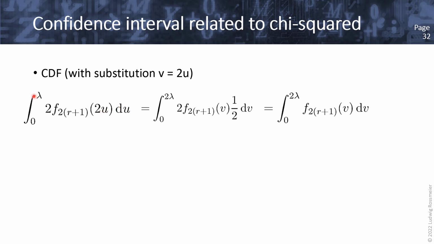And the upper limit lambda, where u equals lambda, will go to v equals 2 lambda. The lower one, 0, is not changed because 2 times 0 remains 0. In the next step, the 1/2 and the 2 will cancel out, and we end up with that simplified version.